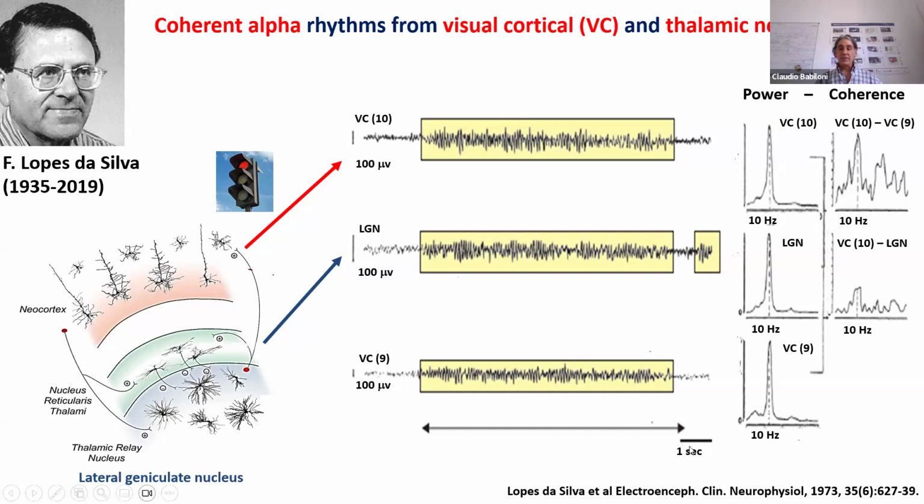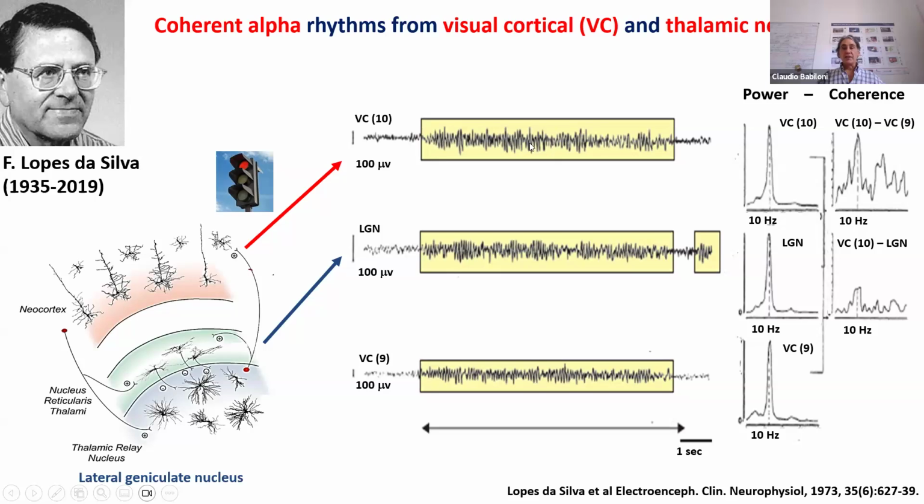And again, you see the time segment of 1 second at the bottom of the figure, and the vertical segment showing the amplitude 100 microvolt in these recordings.